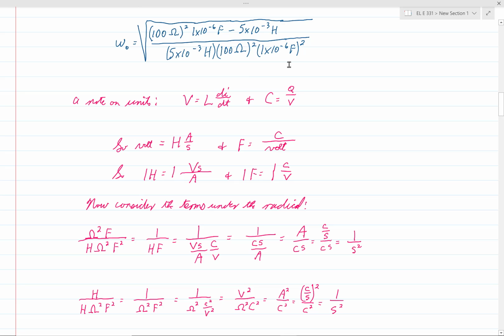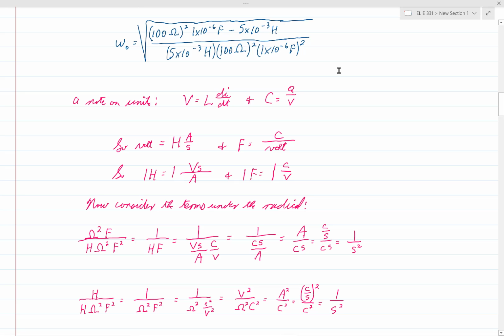And I wouldn't be surprised if when you've done problems like this in the past, you usually just drop out all of the units and do the calculation, and then at the end you'll write down what you know the units should be, which in this case would be 1/s or radians/second, either one.